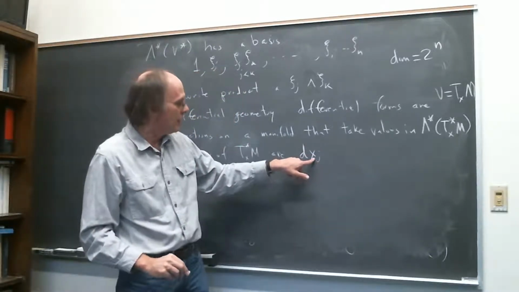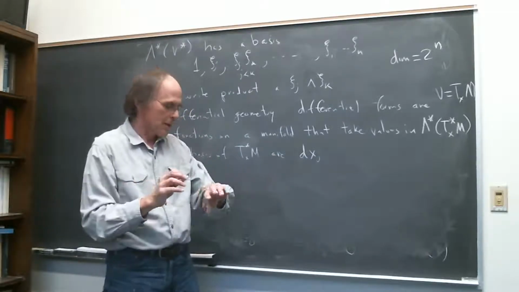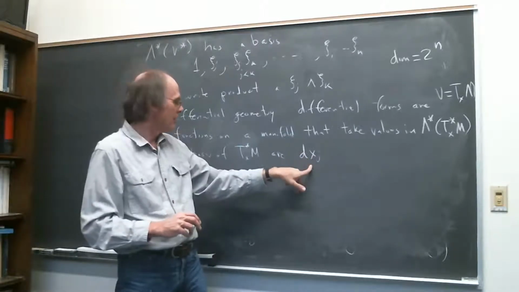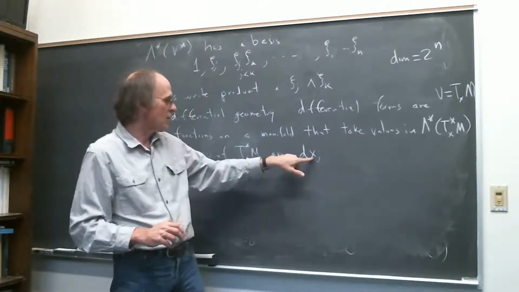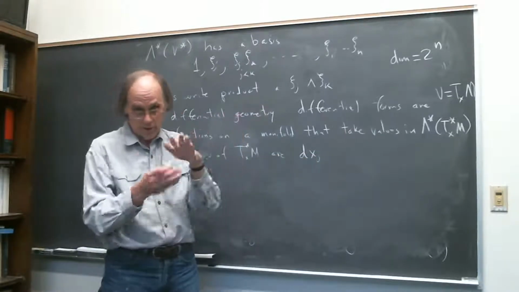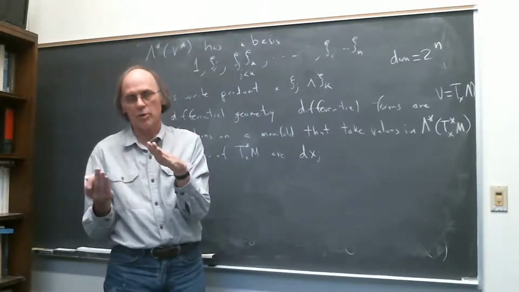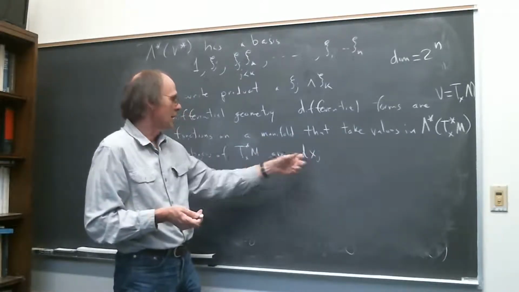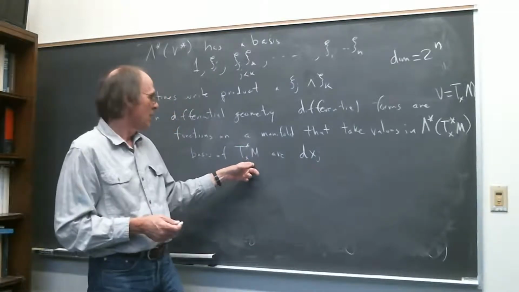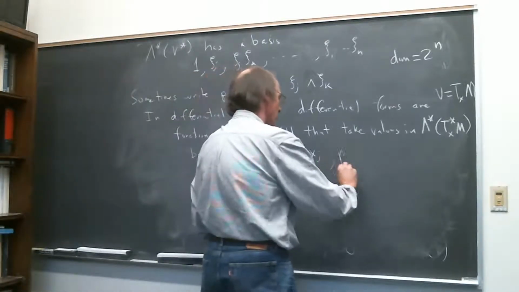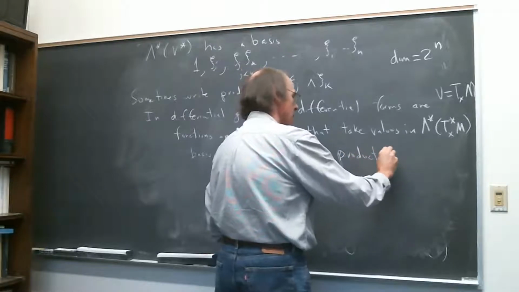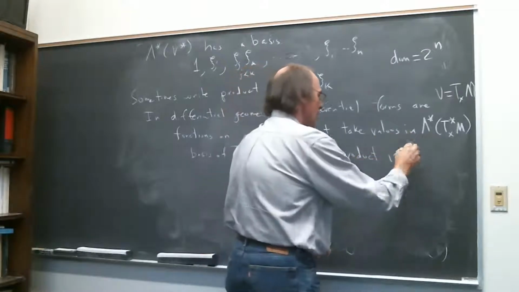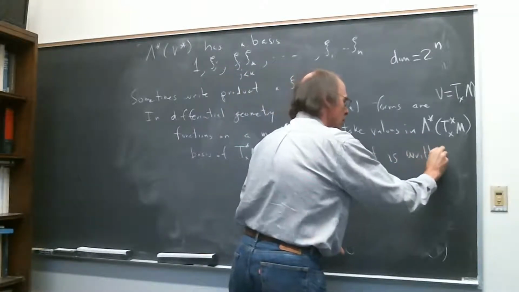If you know that your coordinates in the space are x sub j's, then when you write dx sub j, x sub j is a local coordinate, so locally it's a basis for the duals to the tangent vectors. Putting the d in front says you think of it as a basis of these guys, and then the product is the product we've been talking about, written as a wedge product.